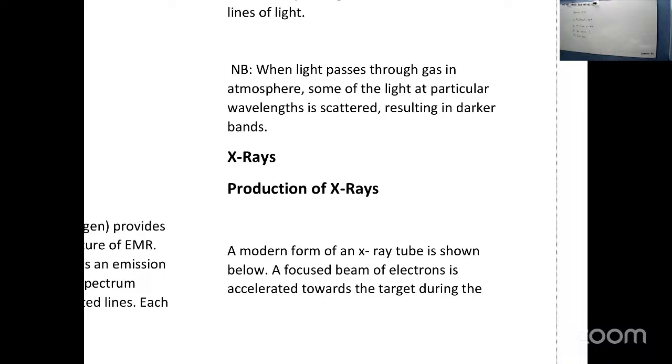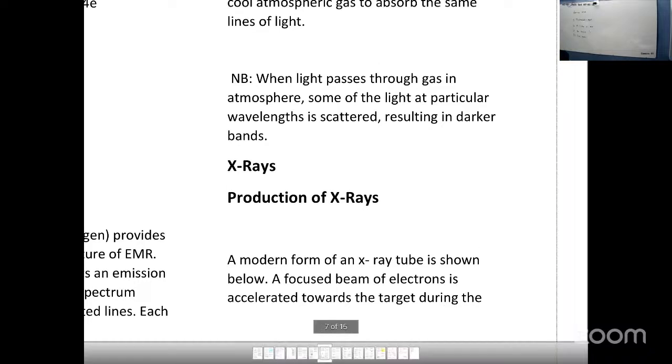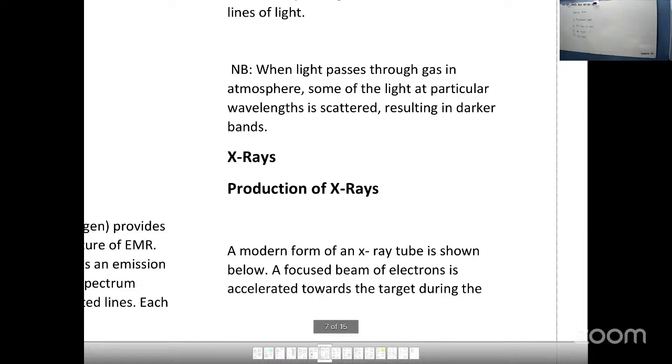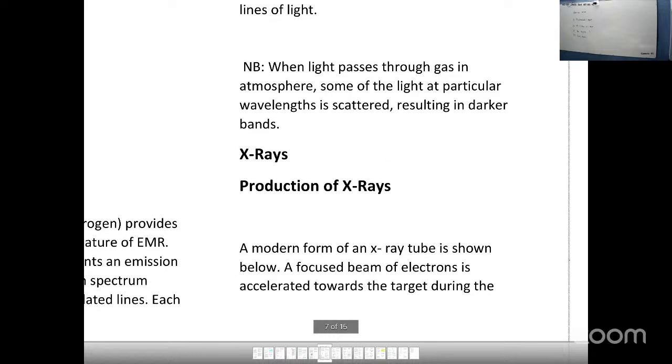How do you go from voltage to energy, if they're given voltage? E is energy, E equals QV.